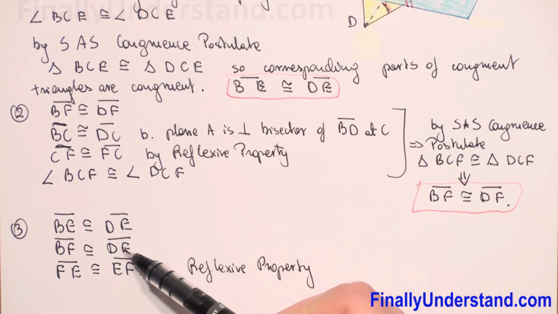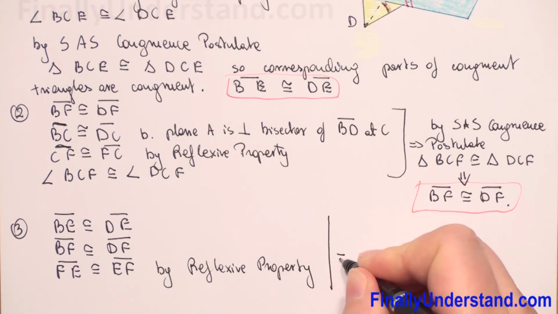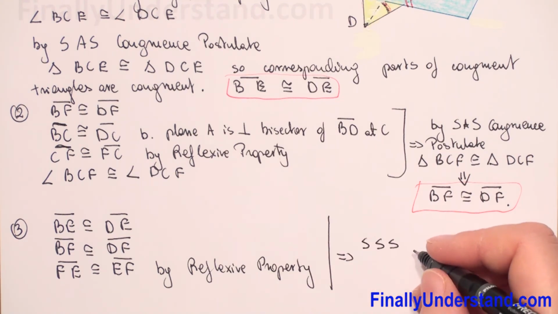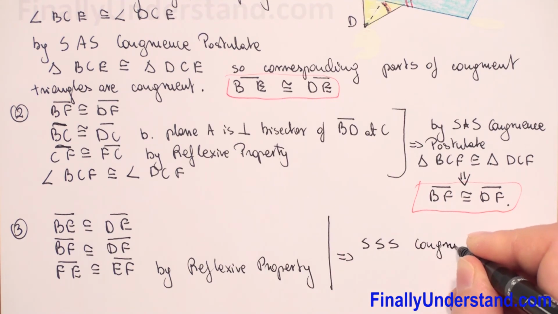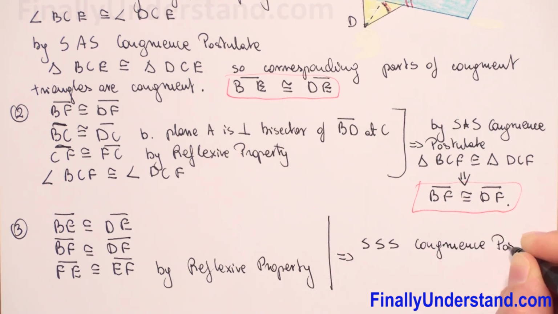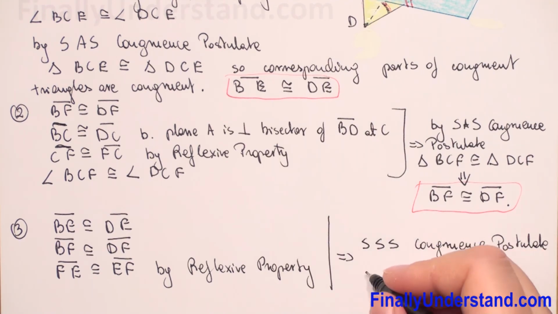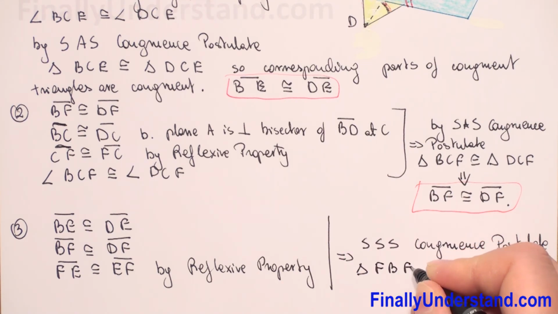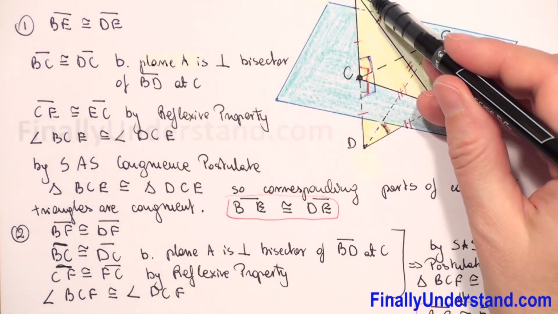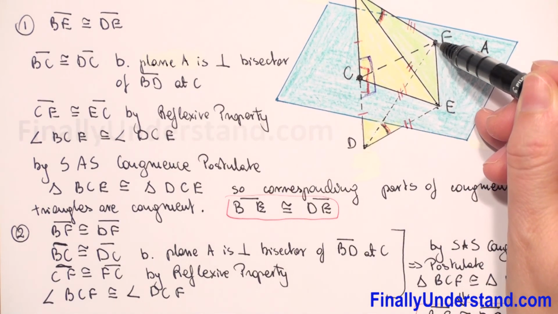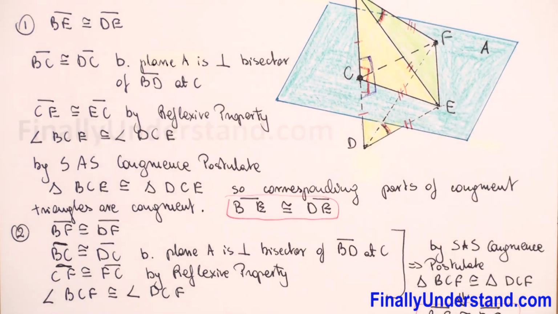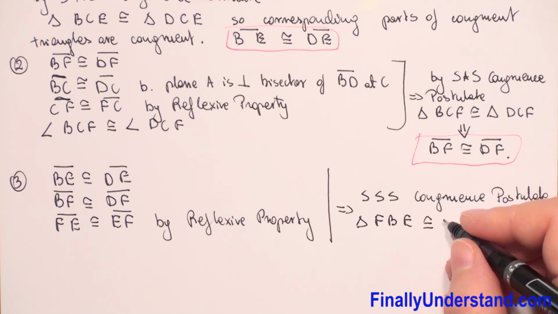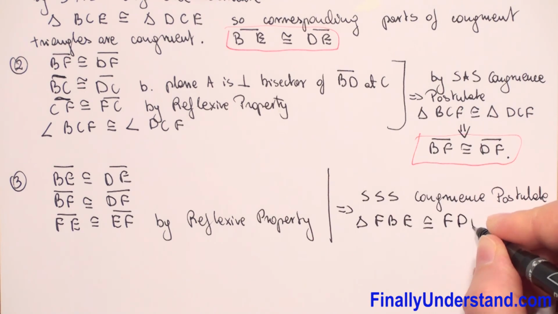So we have side, side, side. From the side, side, side congruence postulate, we have that triangle FBE is congruent to triangle FDE.